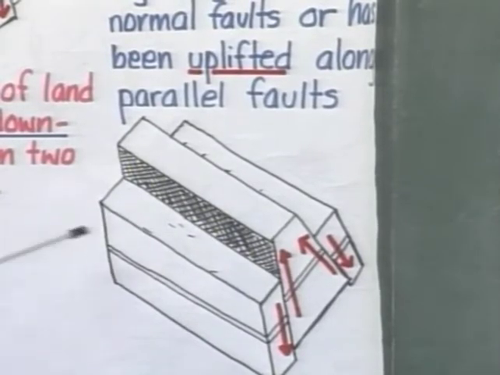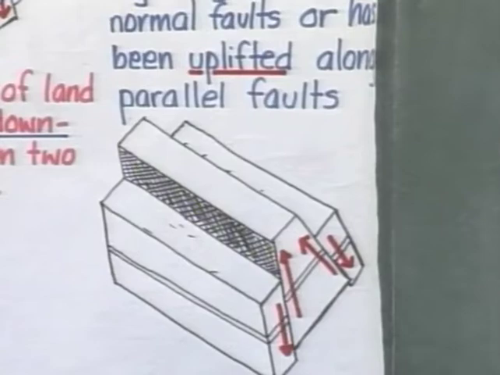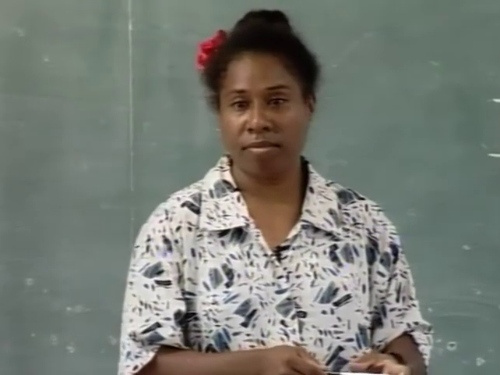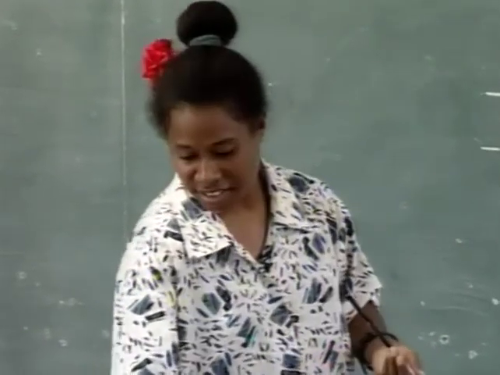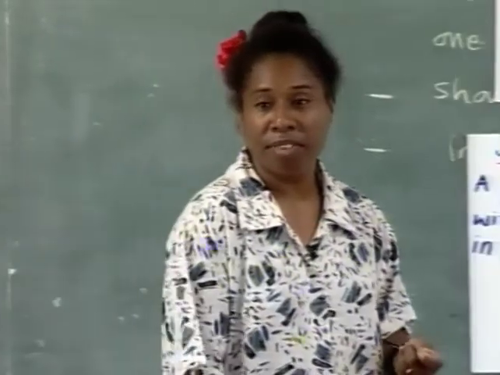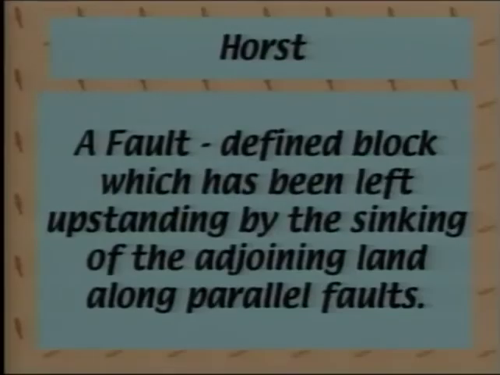And that's where we have the formation of a horst. Queries? Okay, the definition from the monitor is similar to the information which I have just explained on what a horst is.